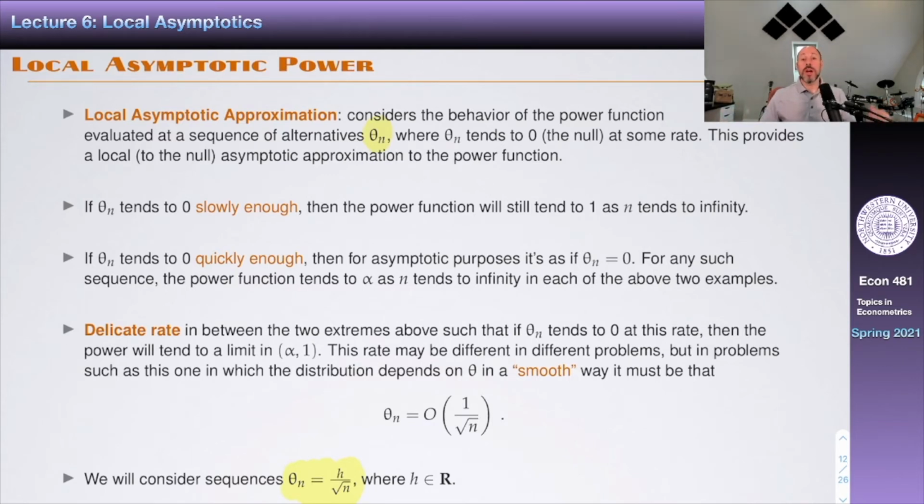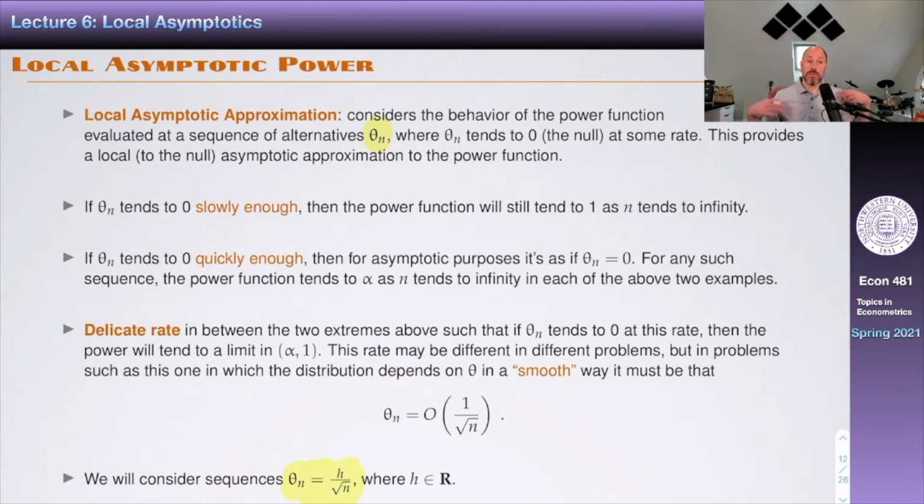If we were using non-parametric estimators, and so we would be converging at a non-parametric rate, say like n to some power or something like that, then that is the rate that you would want to consider. And in other settings, if you had a faster rate or any other different rate, then you always want this theta n to go at the rate at which you're learning. We're going to see other examples as we move on. But for now, this is the exercise that we want to do.